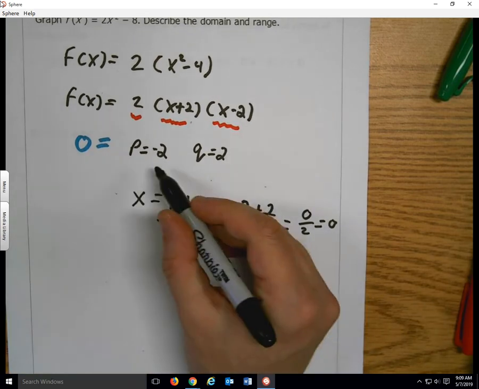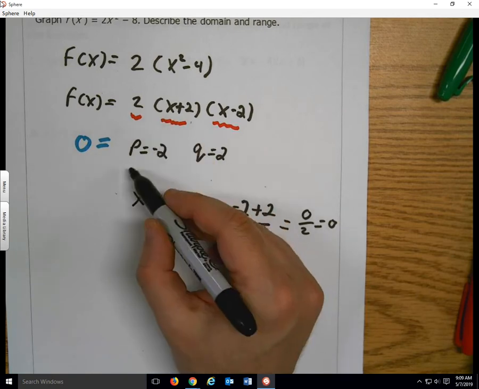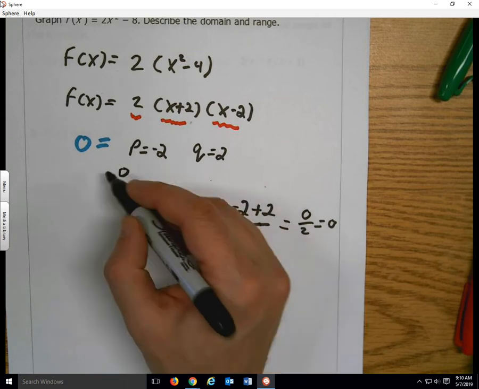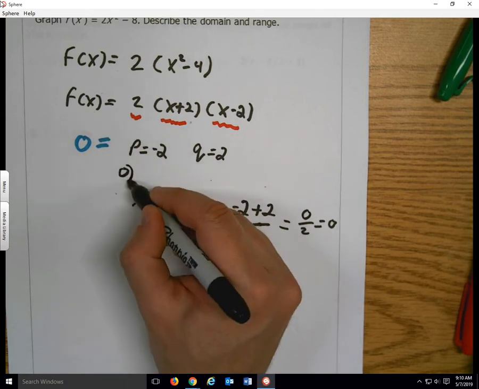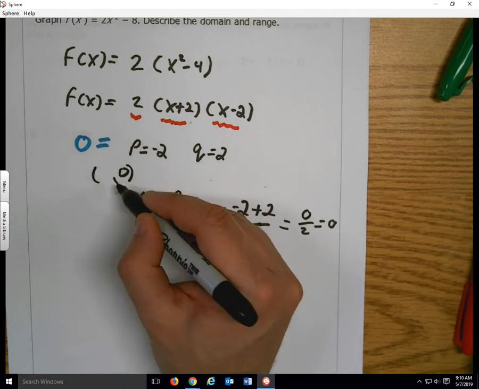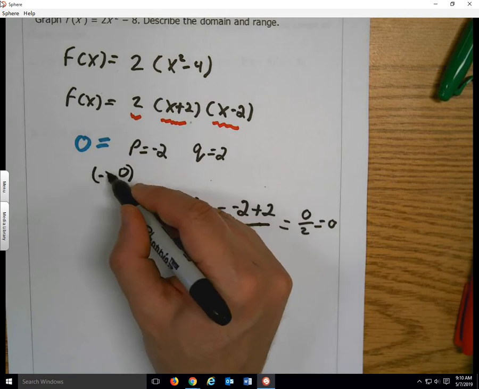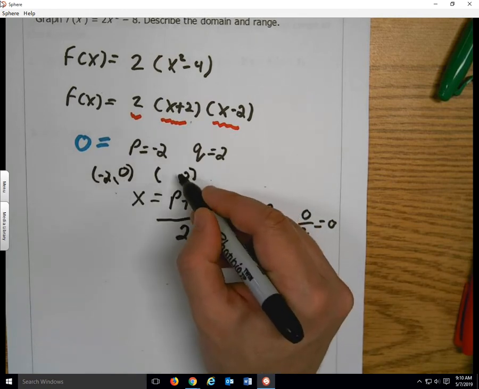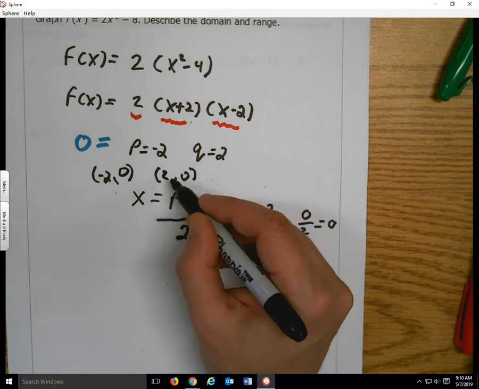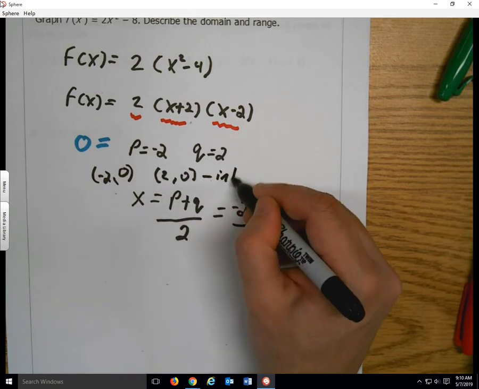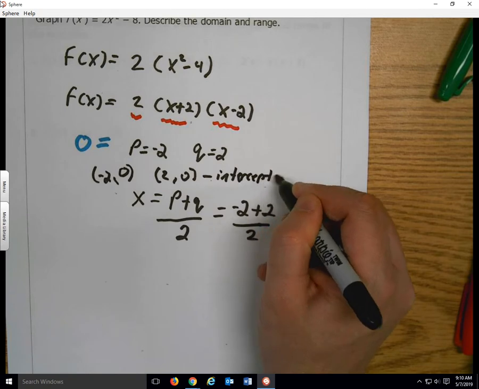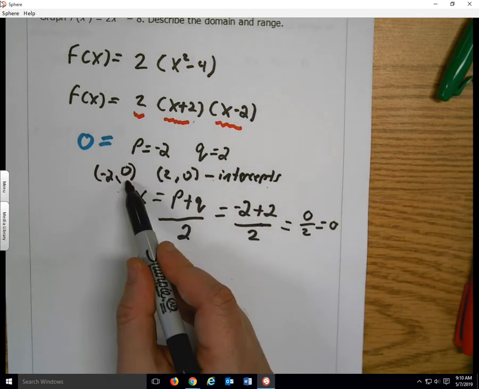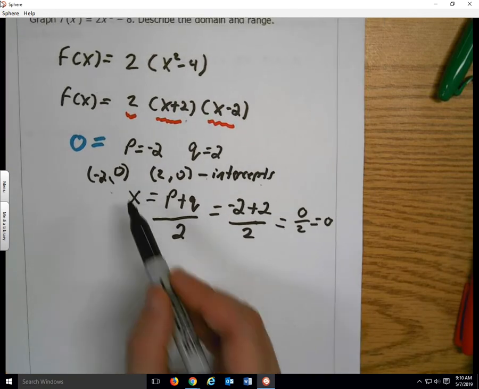These are the intercepts, so that, remember, if y equals 0, the x would be a negative 2 for p. But if y equals 0, the q would be a 2. So we have our intercepts. All we did was take these numbers and put a 0 for the y. Kind of easy.